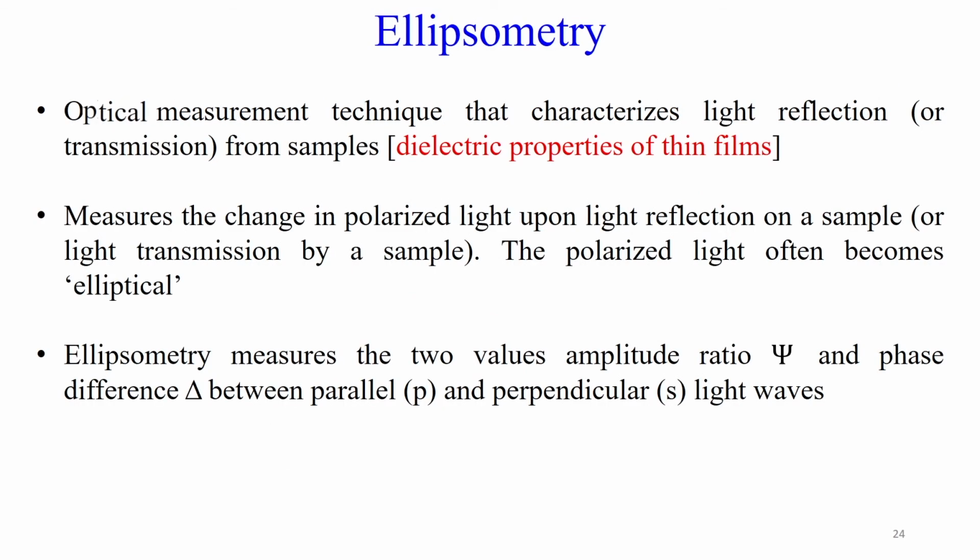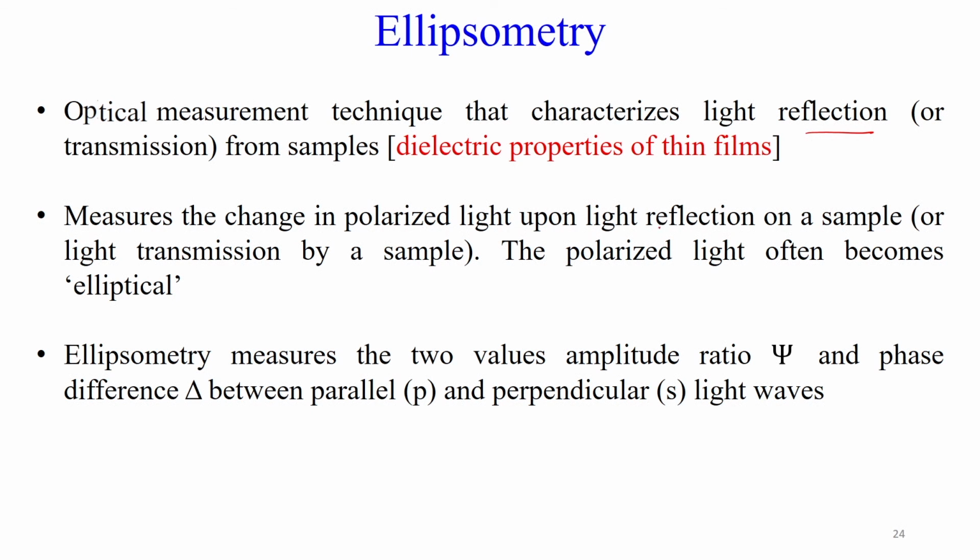Next method is ellipsometry. Again, it is an optical technique which characterizes the light reflection or transmission, or you can say the dielectric property of the adsorbed layer or thin film. Here we are passing polarized light.